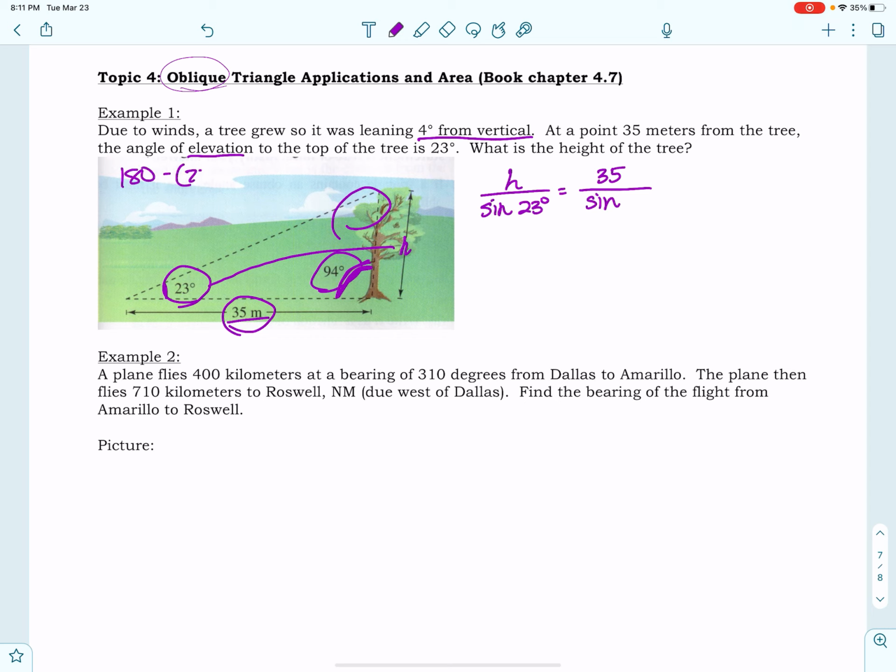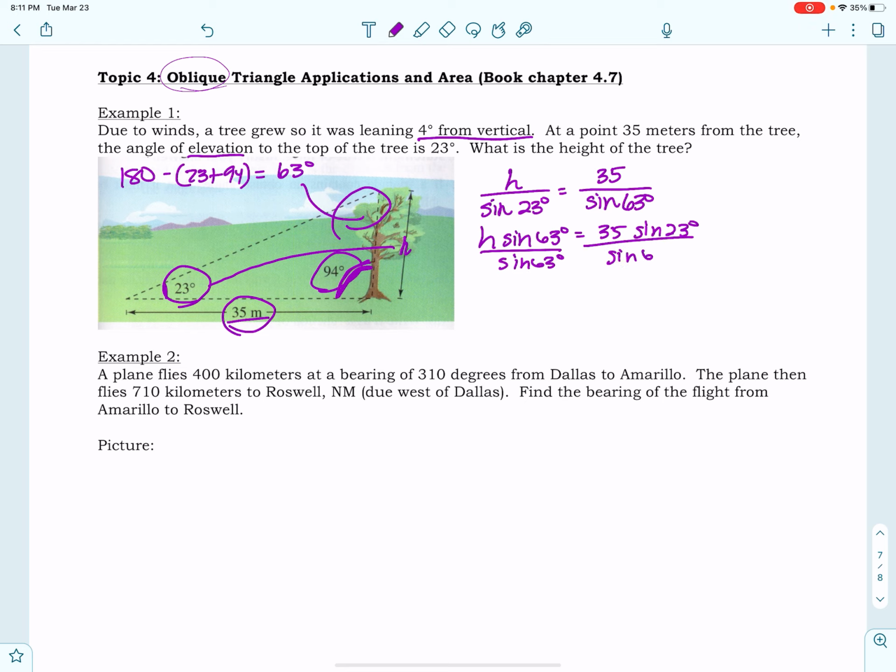So if we subtract, we get an angle of 63 degrees. That's that angle right there, and that's what I'm going to use in my formula. Now I'm just going to cross multiply, and now I'm going to divide by the sine of 63.